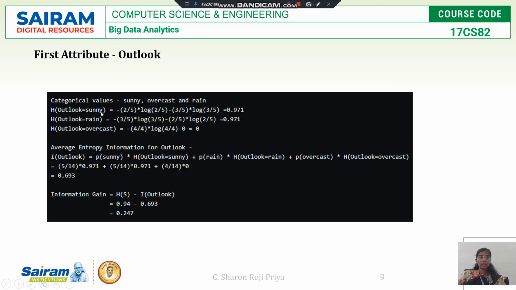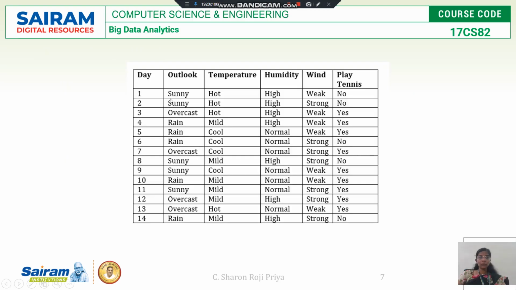Now for the first categorical value, I am going to calculate the entropy. First categorical value is sunny. So here you check how many sunny are there: 1, 2, 3, 4, and 5. 5 sunny values are there, and in that 5, how many are positive, how many are negative?